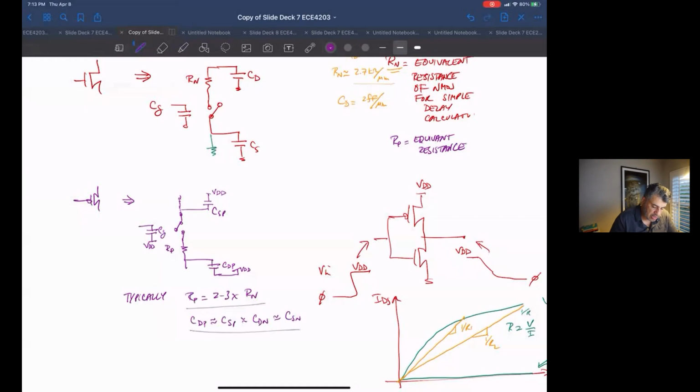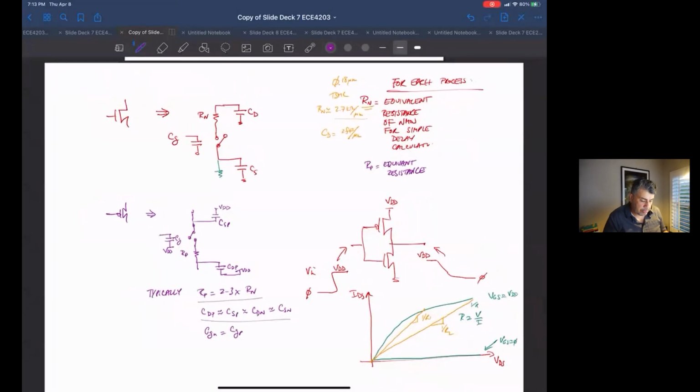So they're all kind of similar. If you look at the table in chapter 8, they're all around 2 femtofarads or something per micron. Okay, and then the gates, so C sub G of N is exactly the same as C sub G of P, because the gate capacitances get made at the same time.